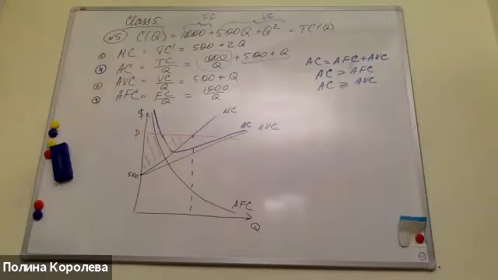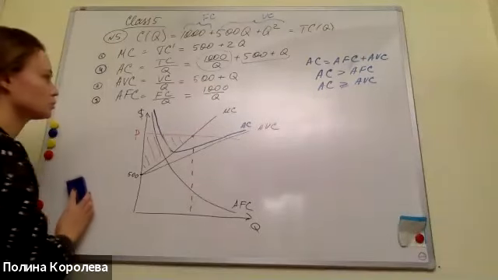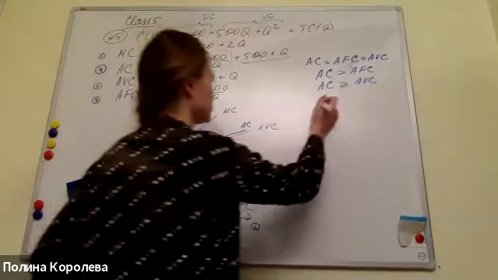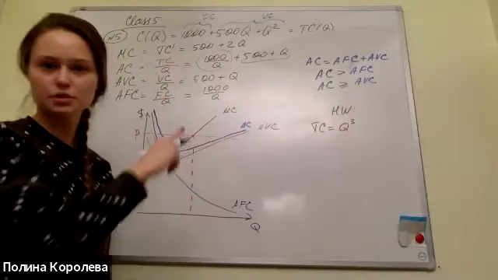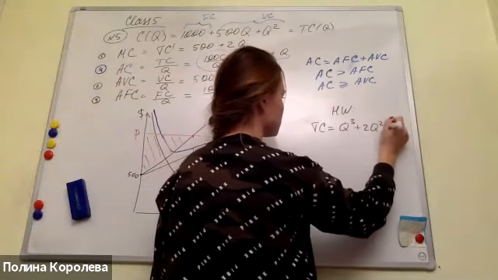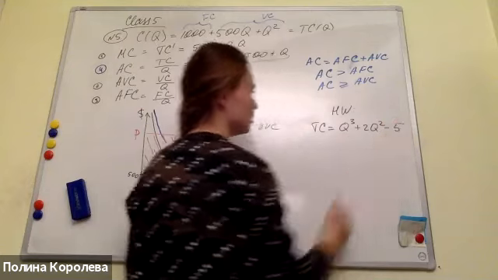Okay. Thank you. Елизавета, please, you have a question? Yeah, I wanted to ask if these functions are always similar? For example, is AVC always a linear function, or AFC always a hyperbola, or not? No, no. I will give you an example at home. Consider such a function: total cost equals q cubed plus 2q squared minus 5.